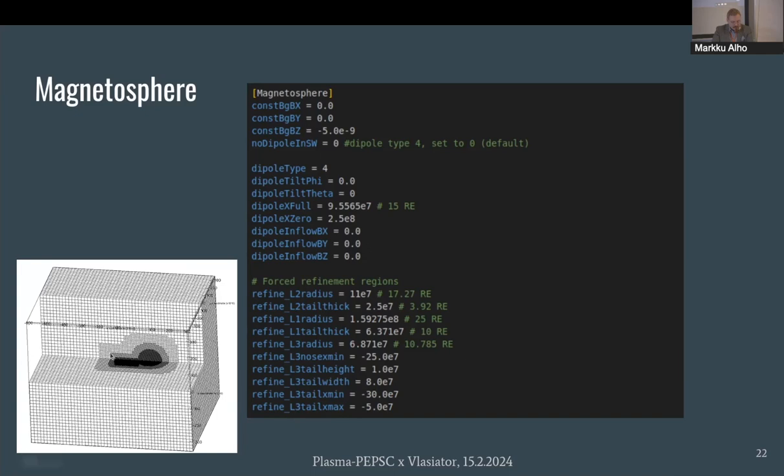So we have this kind of buffered zone of higher resolution, so that we have some final resolution in the tail current sheet, which is nice. Nowadays, of course, we can have the adaptive mesh as well, but we can still use these as the initial grid to have a bit better refinement at the inner boundary and so on.